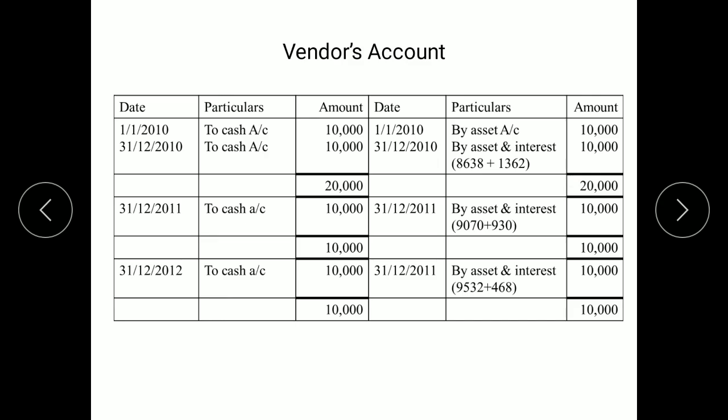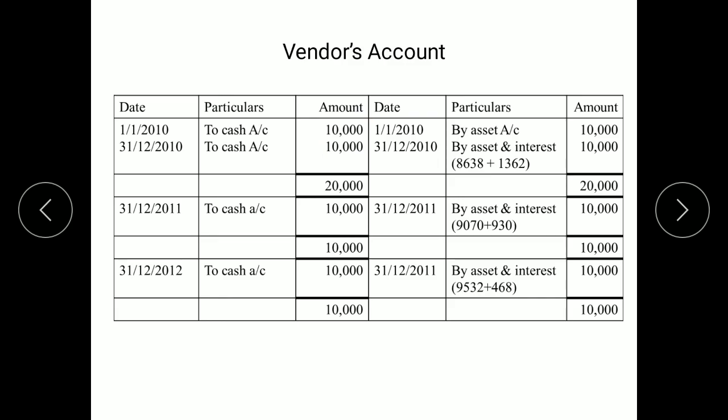So the entry is by asset and interest account, principal amount and interest amount 10,000. When the installment is due at the end of the year, it is also paid at the end of the year. So 31st December 2010 to cash account with the amount of installment.